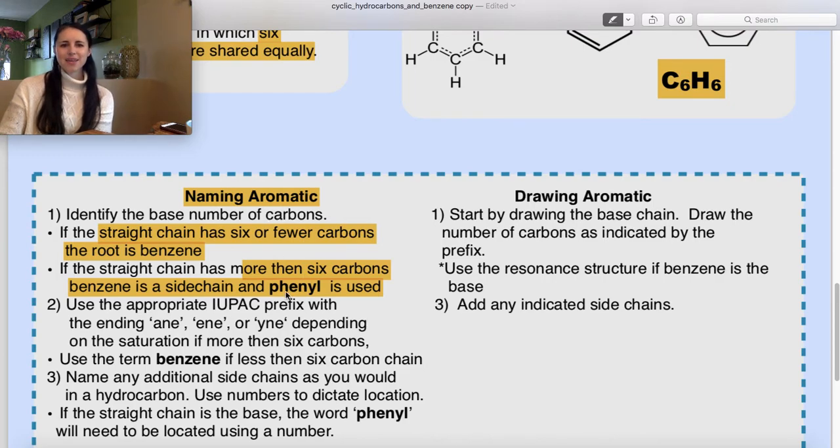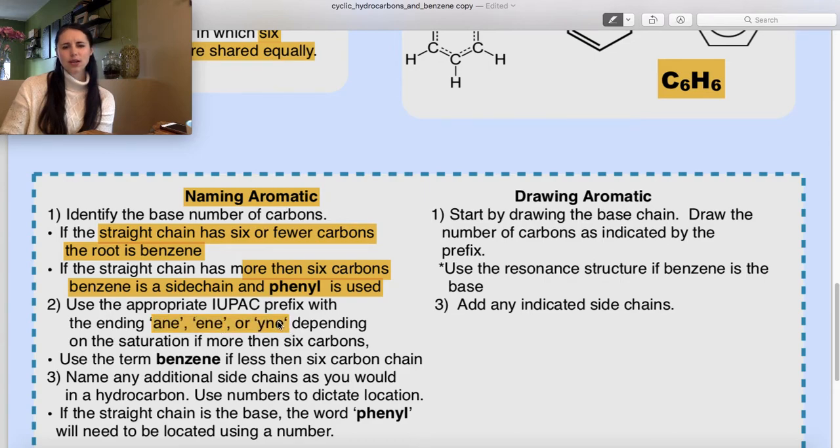Notice that the name benzene changes when it's a side chain. When benzene is the main event, the base chain, you're using the base name benzene. When benzene is a side chain, we're going to switch to using the term phenyl. It's still got a -yl in it, so you can still tell that it's a side chain, but rather than calling it benzyl, which sounds weird, we're going to call it phenyl. You're going to use the appropriate IUPAC ending.